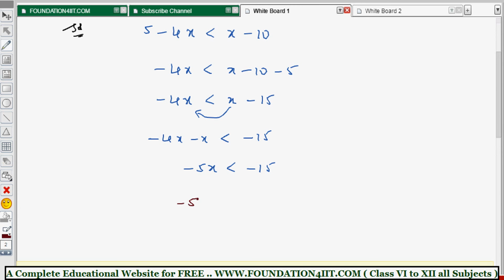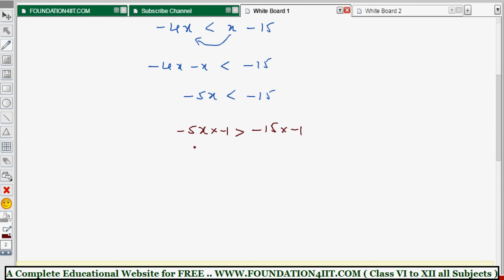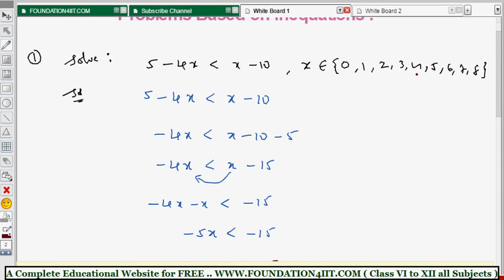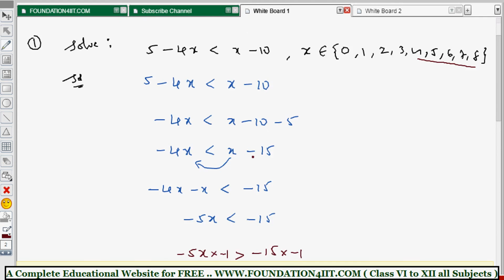If you observe, minus 5x and minus 15, I am multiplying by minus 1 on both sides, so less than becomes greater than, only in this case. Minus 5x into minus 1 is plus 5x, greater than minus 15 into minus 1, which is plus 15. Dividing by 5 on both sides, x is greater than 3. Now among the values in the universal set, x greater than 3 gives only 4, 5, 6, 7, 8. That is the solution set.